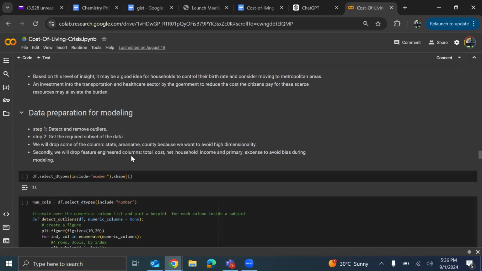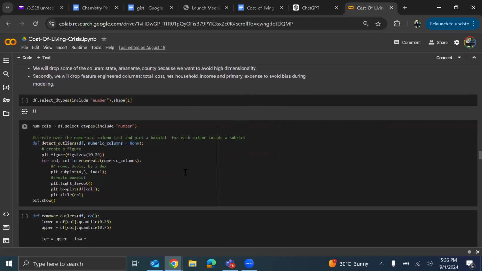The reason I'm dropping my engineered features is something called multi-collinearity issues. Net household income, which we created from the total, is going to be highly correlated with these columns. So I have to drop it so as to reduce the multi-collinearity effect. And that was what I did.